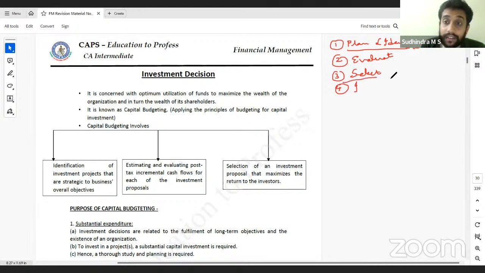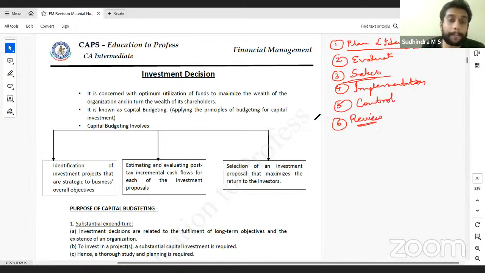Once you select, it doesn't stop there. Once a decision is made, it also goes for implementation. Implementation of that decision is also important. Post implementation, again, controlling after implementation, then reviewing whether it is going as per plan and taking corrective actions, right? So that's what is involved.